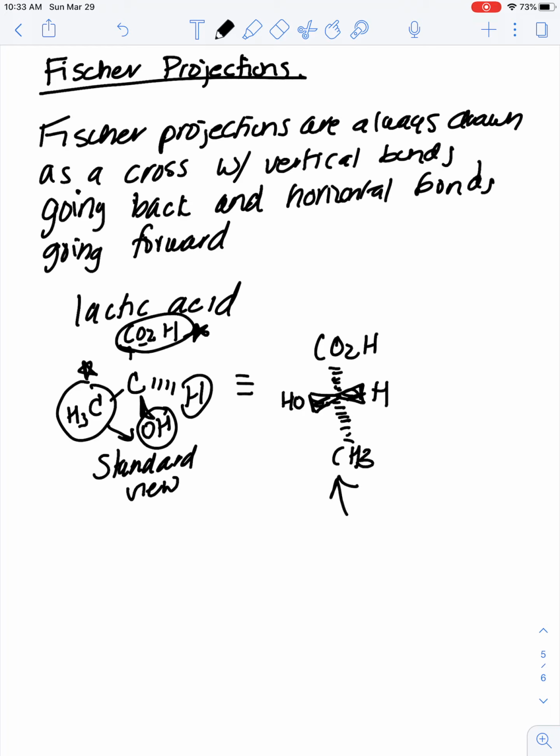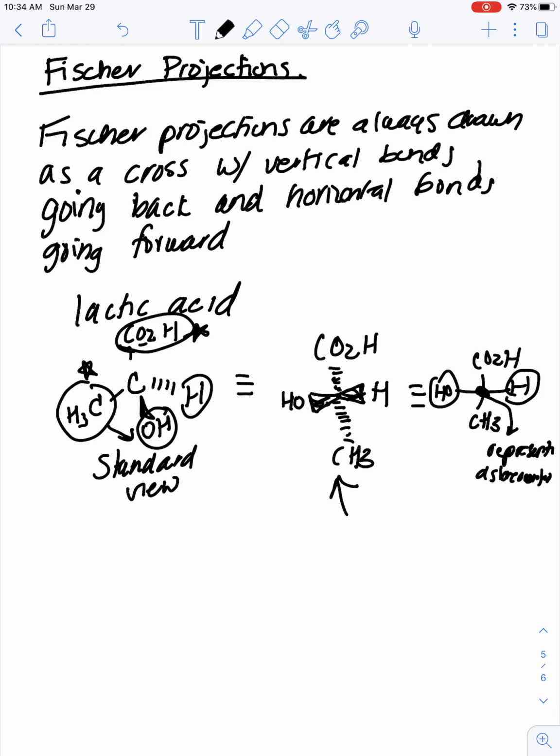This isn't really a common way to write the Fischer projection. How it is drawn is going to look like this. The point right here represents a stereocenter. And again, anything that was wedged or dashed is going to be on the horizontal.